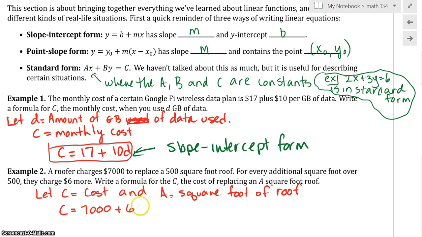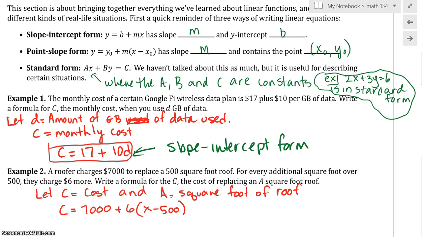It's a rate. But now instead of just doing x, we have this extra 500, and that is going to be for every additional. So if you remember the meaning of this inside, this would be the 7,000. Well, let me just write it and then we'll talk about it. So at 500, it would be exactly 7,000. So that's like its own little y-intercept.